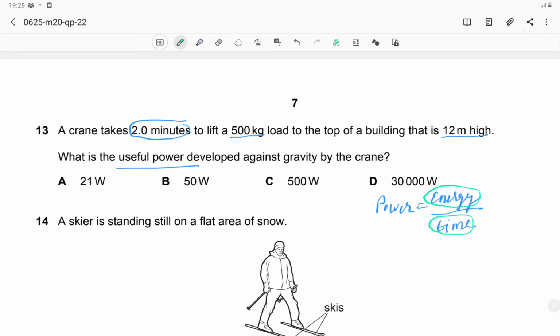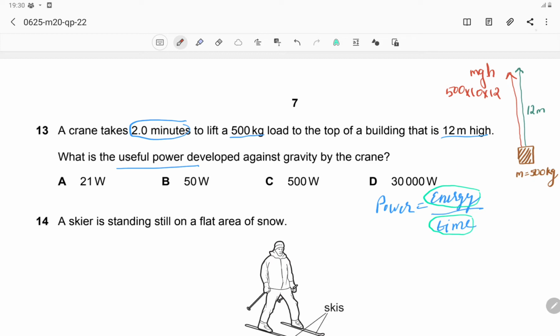12 meter. So there is a load of mass 500 kg, and in order to lift the mass to a height of 12 meter, the mass will gain a potential energy that will be equal to mgh, where m is the mass, that is 500, times g value is 10, times height is 12.